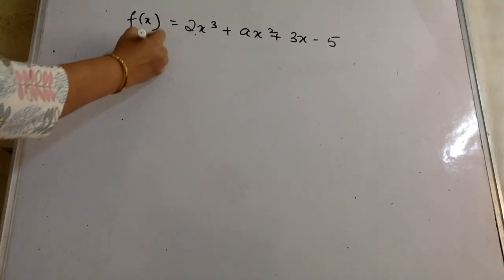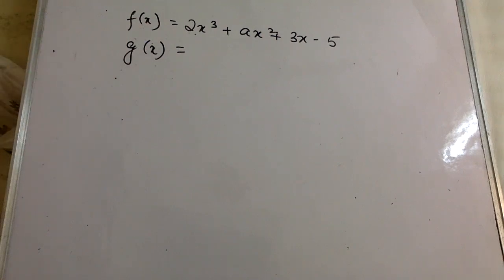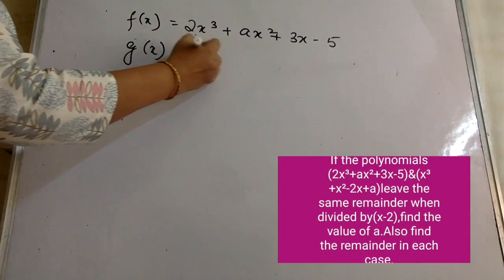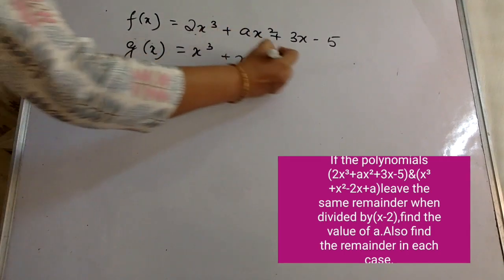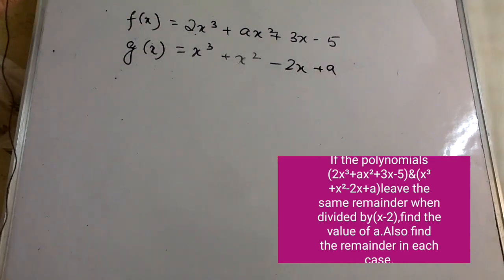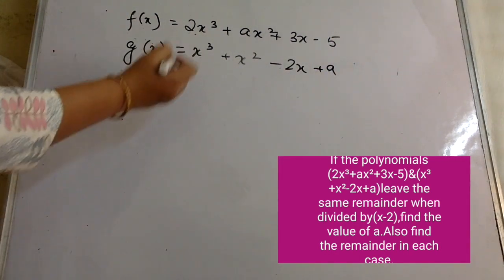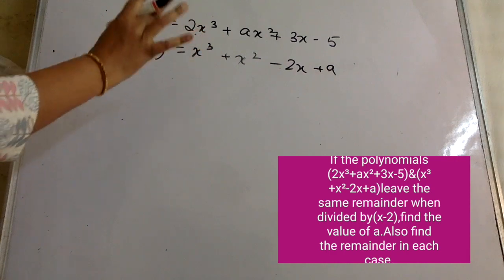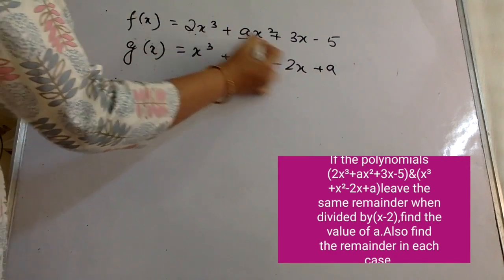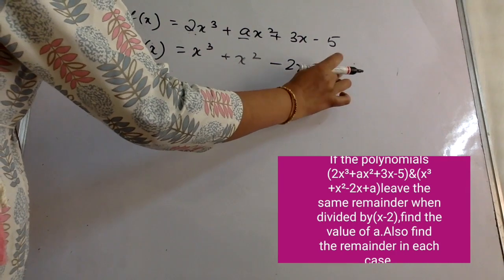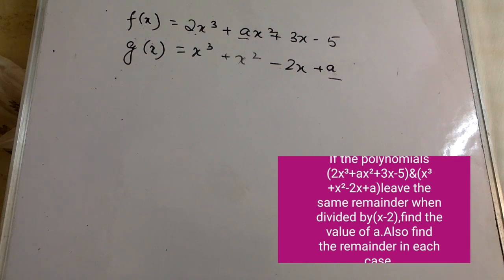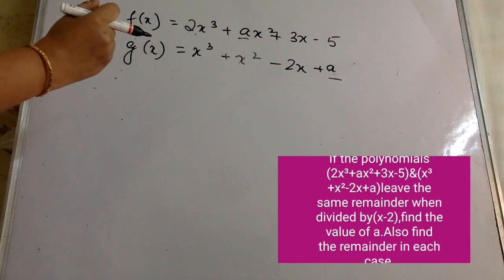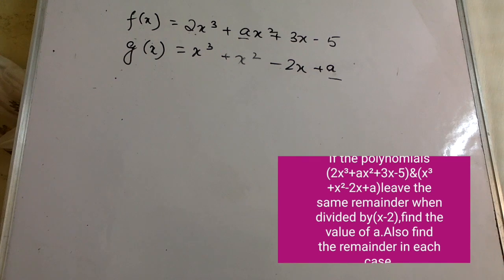They haven't named them, but you can always use your own variables and name them. x cube plus x square minus 2x plus a. Now when you see this, note that the entire thing is in x, definitely x, that is why you have the x here. But note these are the two constants. It's not a 9, it's an a. These are the two constants. Now they are saying find the value of a and also find the remainder in each case.